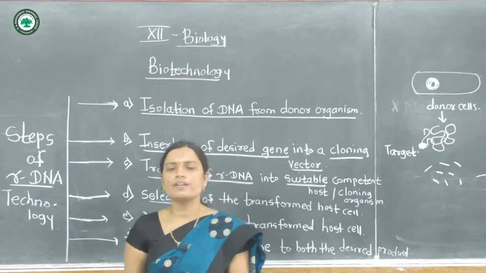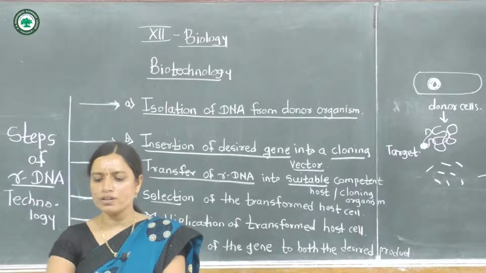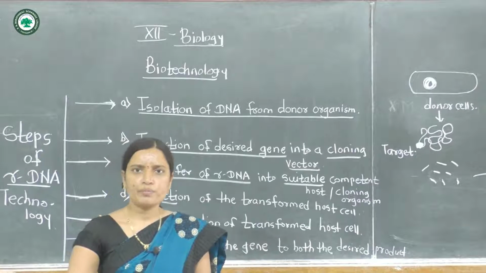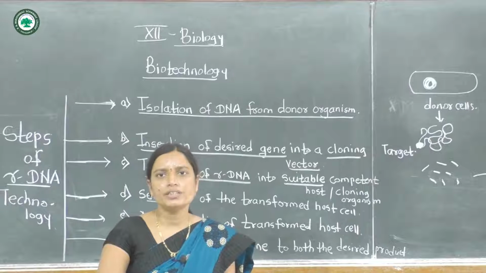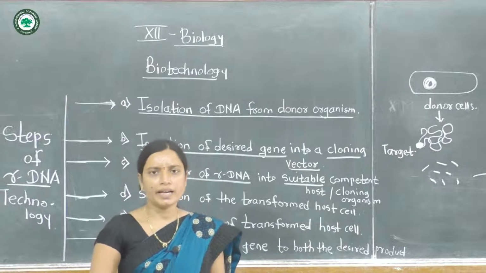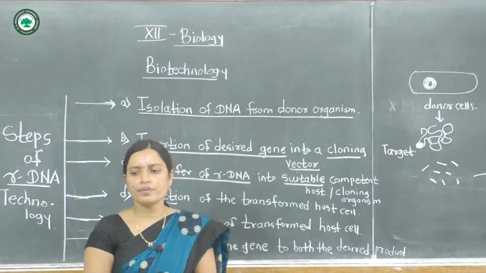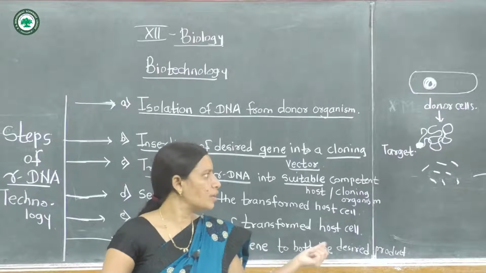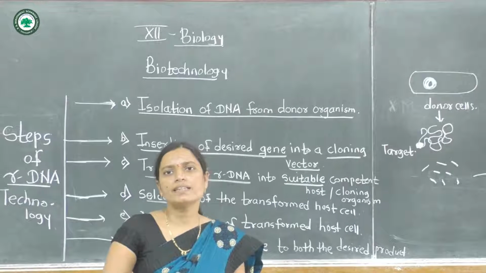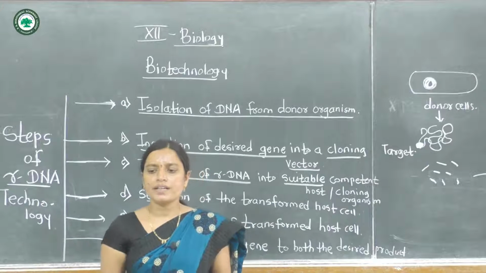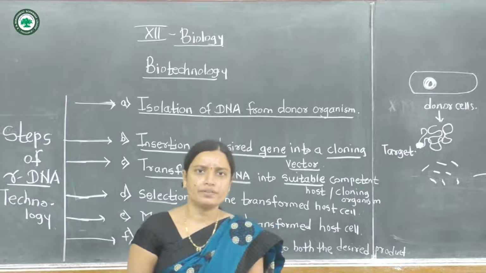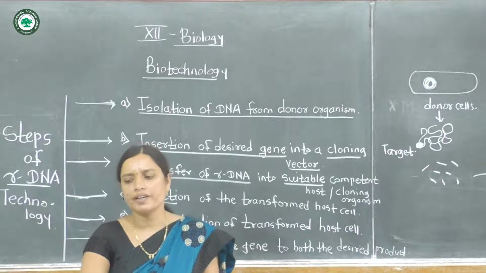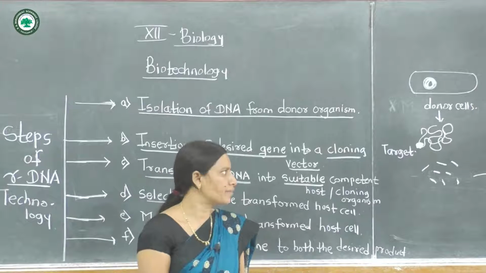This cloning vector is important for transferring the genetic material. The desired origin gene or DNA can be introduced into the cloning vector, the vehicle. The origin DNA, the passenger DNA, is inserted into the cloning vector, commonly using vectors like plasmids and bacteriophages.